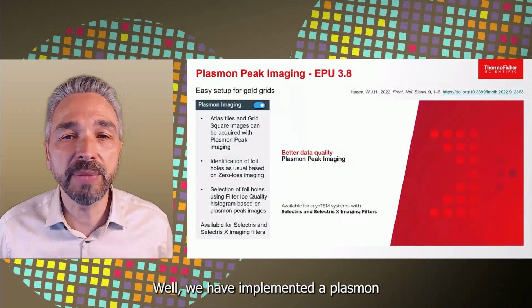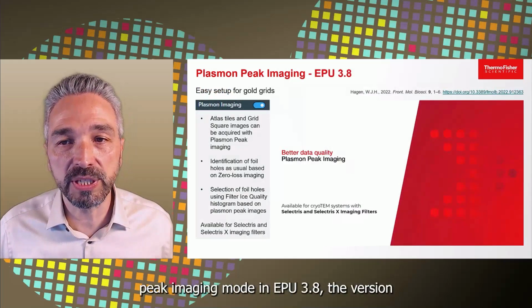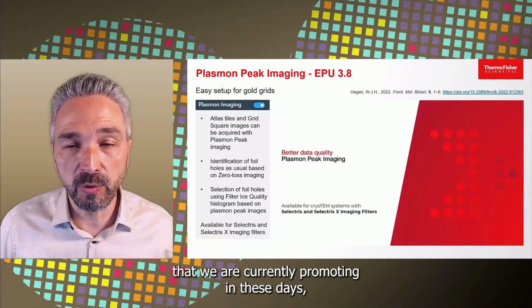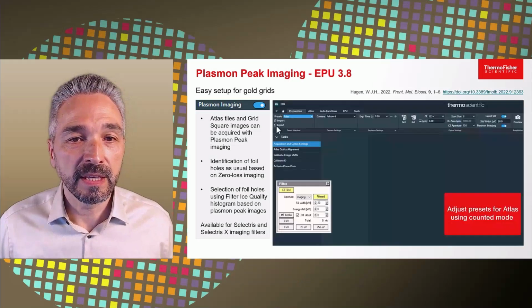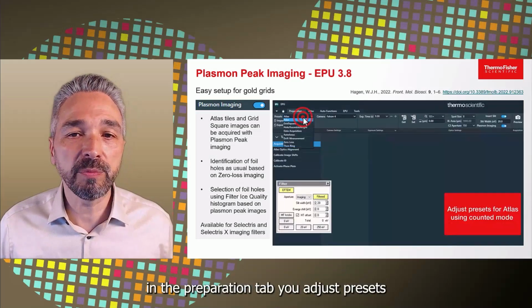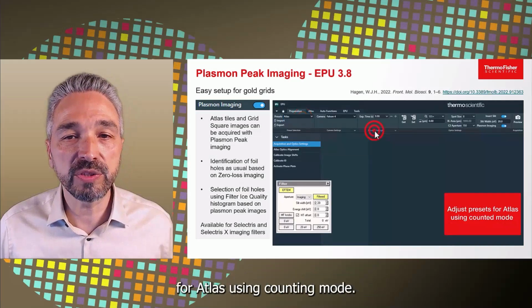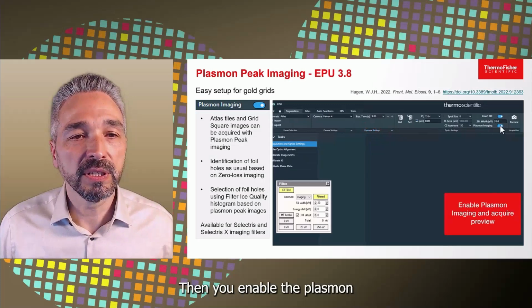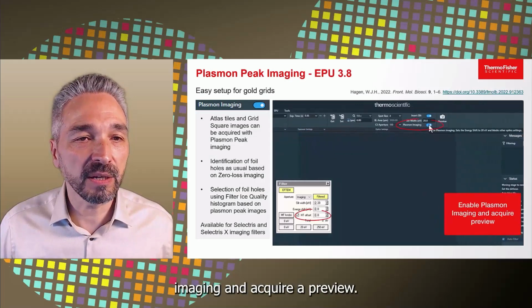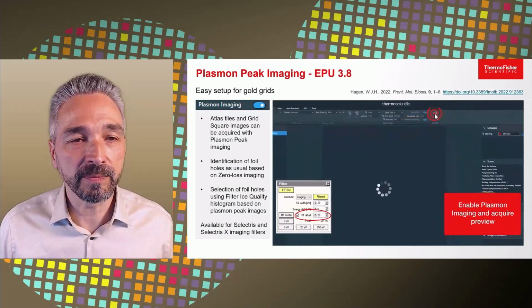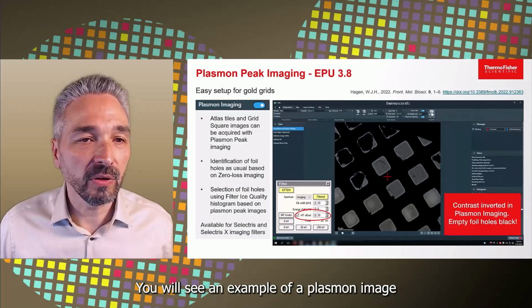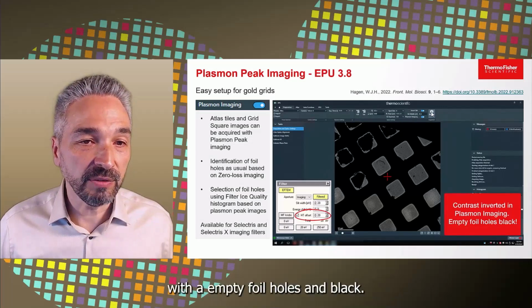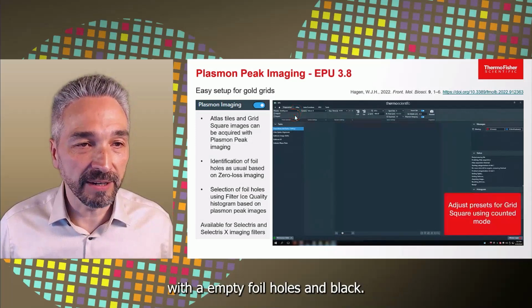Well, we have implemented a plasmon peak imaging mode in EPU 3.8, the version that we are currently promoting these days. In the preparation tab, you adjust the preset for Atlas using counting mode. Then you enable the plasmon imaging and acquire a preview. You will see an example of a plasmon image with the empty foil holes in black.